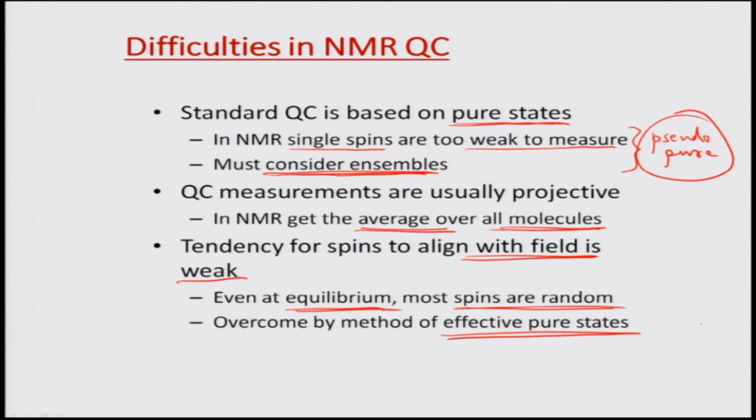So, all in all, scaling becomes a major problem for NMR quantum computing, and very often the signal to noise levels go below the quantum noise levels, and so it cannot be scaled effectively.